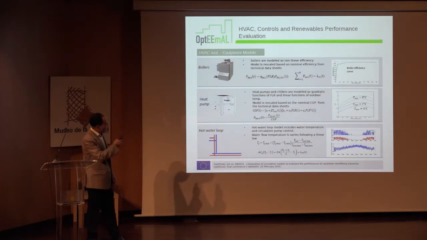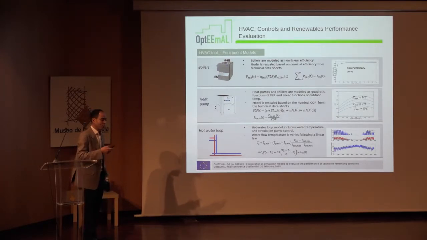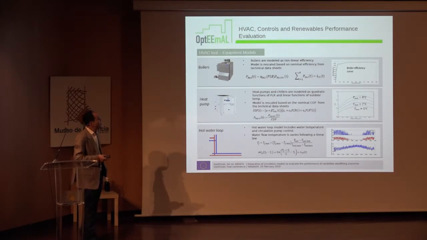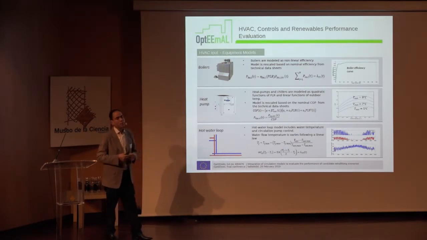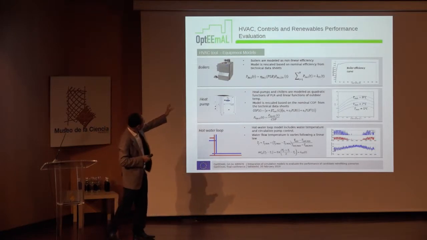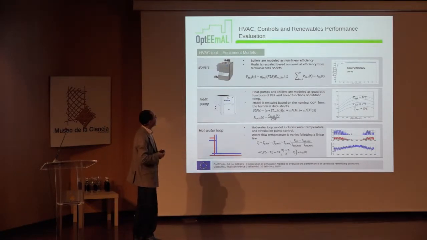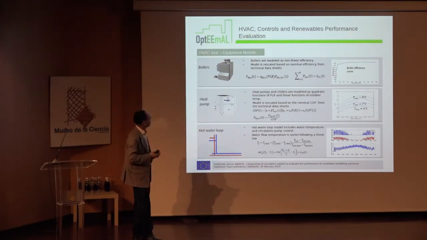In this slide and the next slide, I will give you a flavor of the types of models that are implemented in the tool. We have different types of boilers: natural gas, condensing and non-condensing, diesel boilers, and biomass boilers, modeled using nonlinear efficiency models.